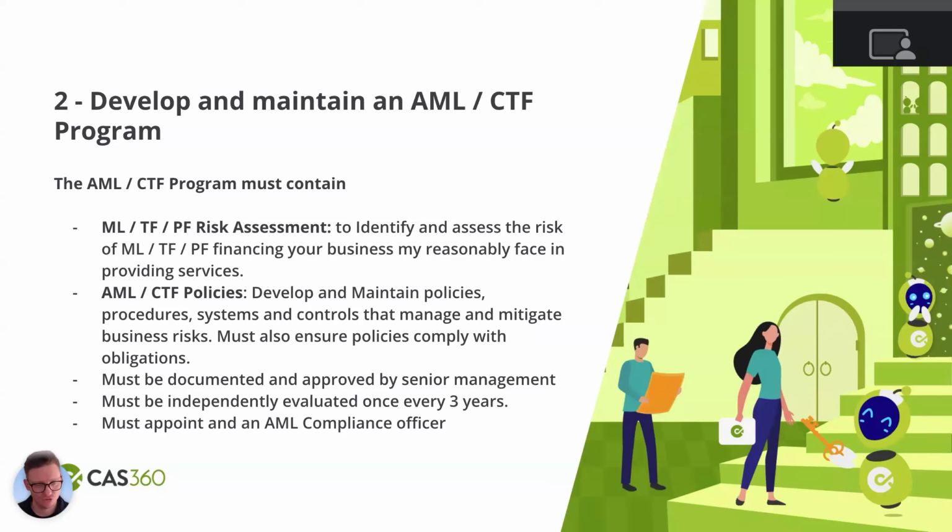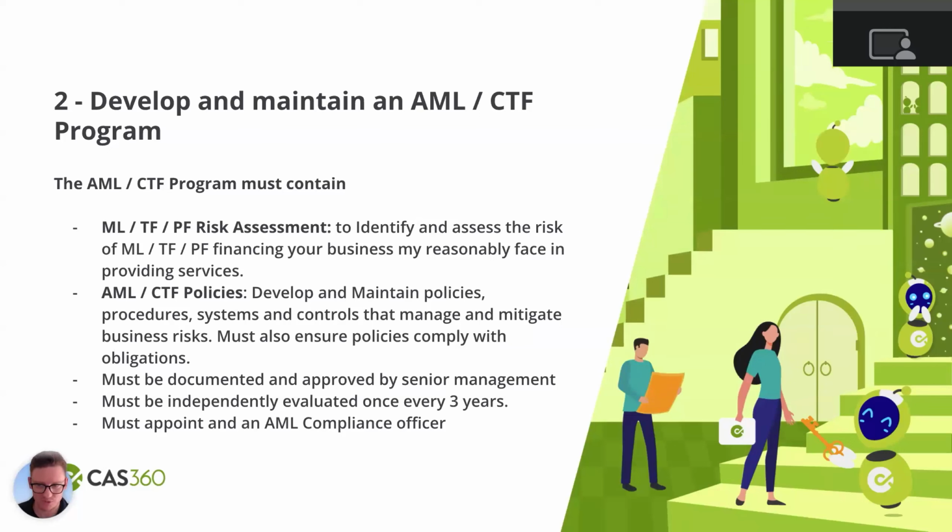Okay, so there's two types of essential policies and processes that need to be set up as part of this. This document then must be approved by senior management of the firm. It also currently looks like it's going to need to be independently evaluated once every 3 years.